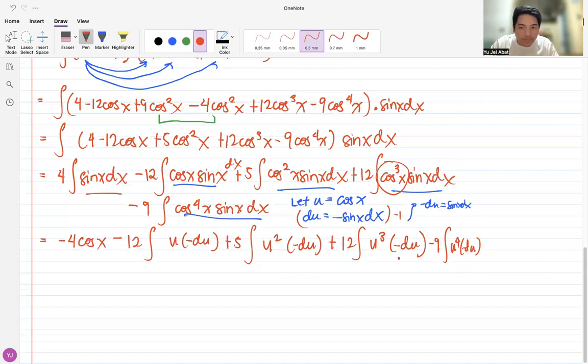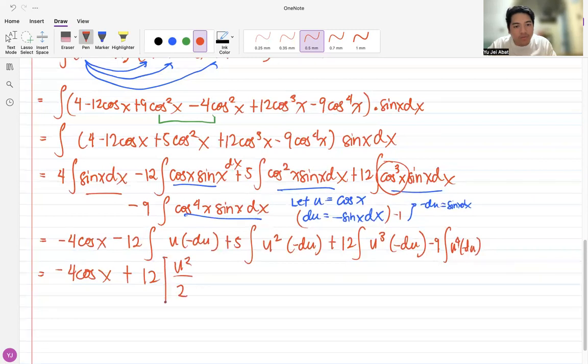So doing that, we have negative 4 cosine of x plus 12, because negative times negative would be positive 12, then we have u squared all over 2. Then we have plus 5, but this 5 would become negative because of this negative.